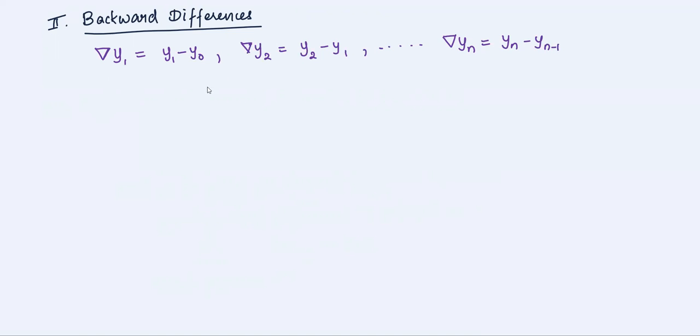In general, nabla yr will be yr minus yr minus 1. This is the first backward difference.